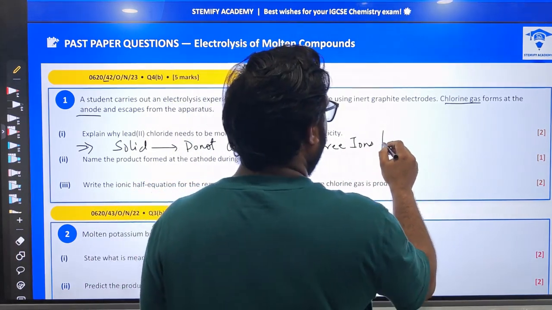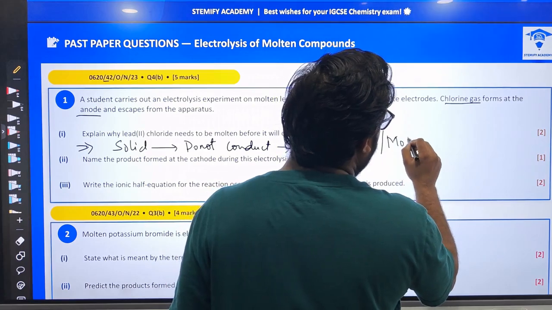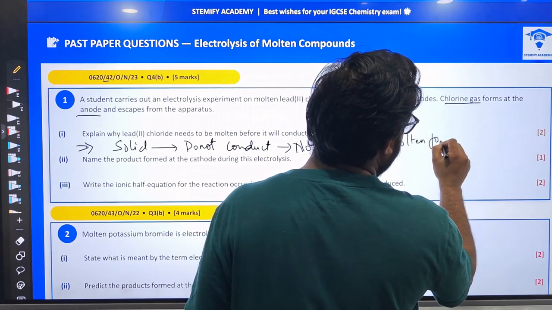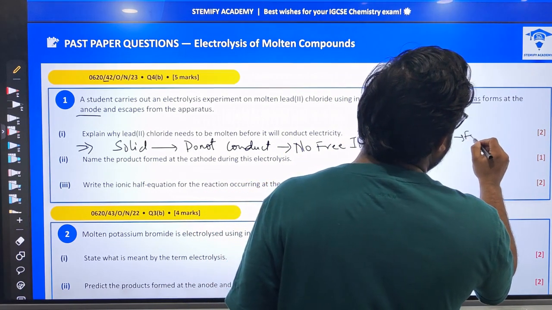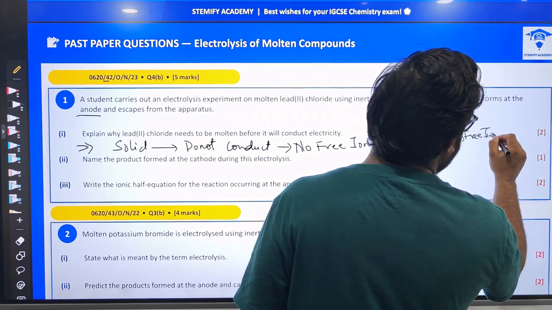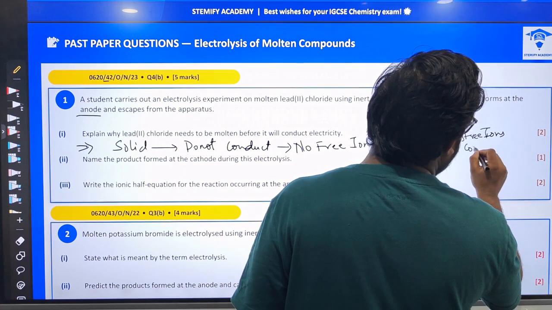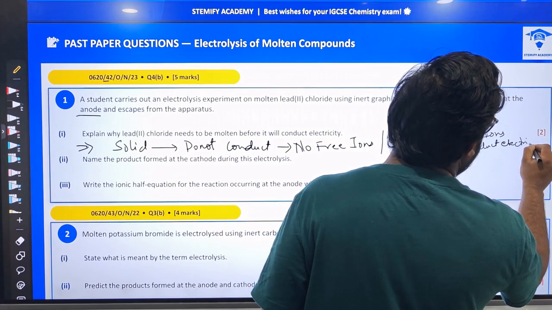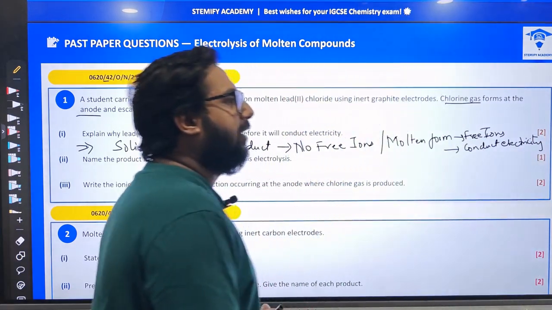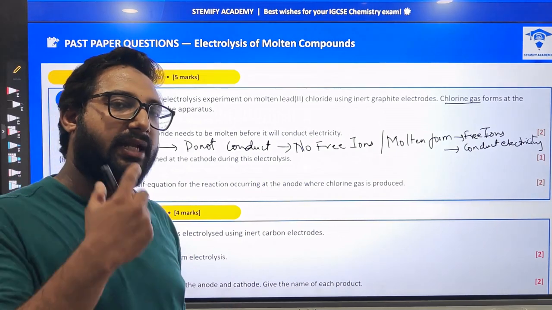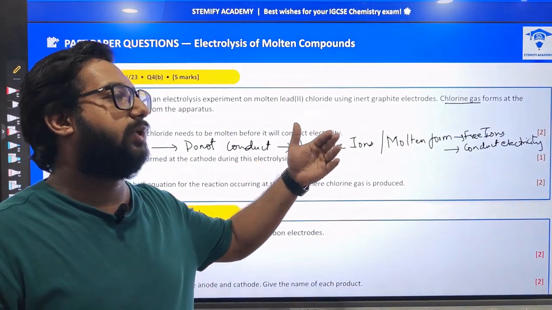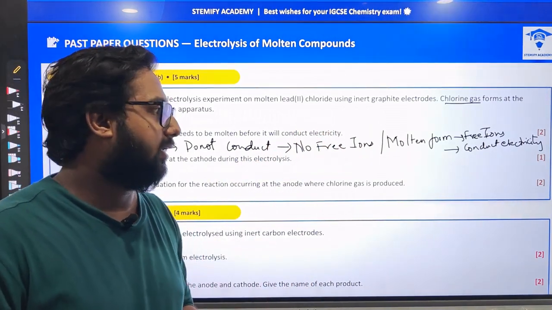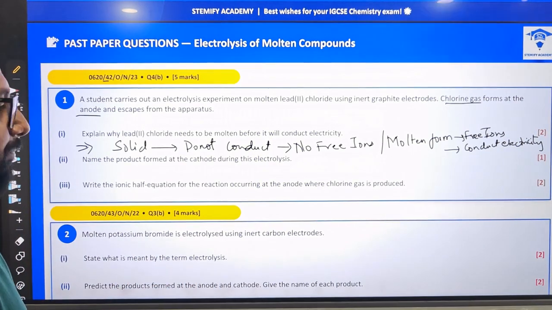And in the molten form, we have free ions. Hence, they conduct electricity. You have to write this in the form of sentence. I'm just writing it so that you can get an idea about how to write the answer.